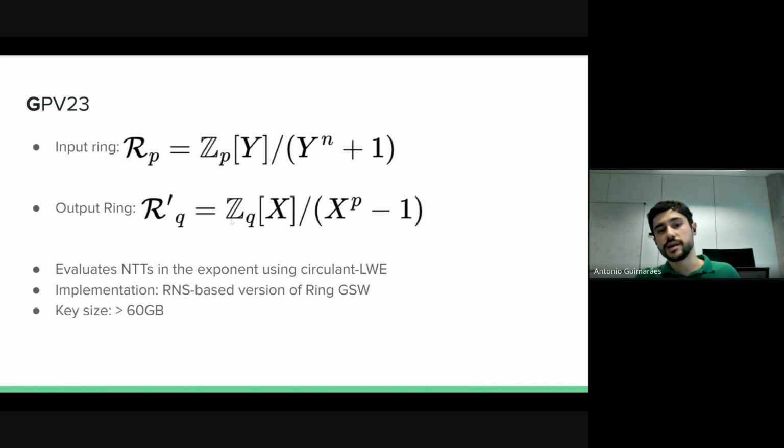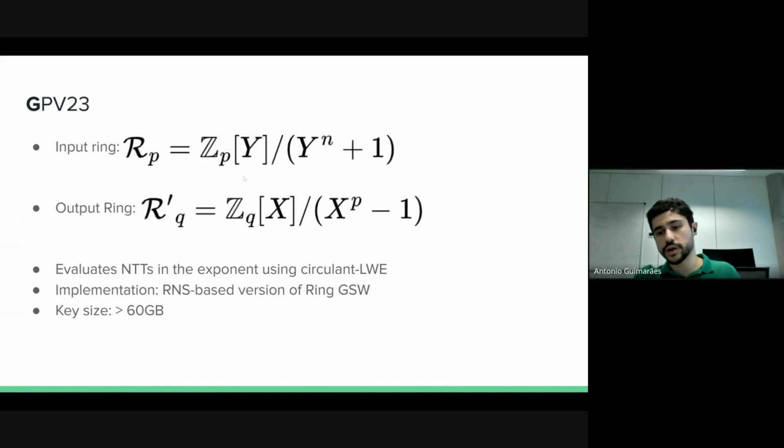One is that before they could not evaluate NTTs because you need specific parameters for evaluating an NTT. Specifically, you need roots of unity. And if both your input ring and your output ring are defined over power of 2 cyclotomics, you would not have roots of unity in the exponent, because the modulus and the degree of the NTT would be both power of 2.